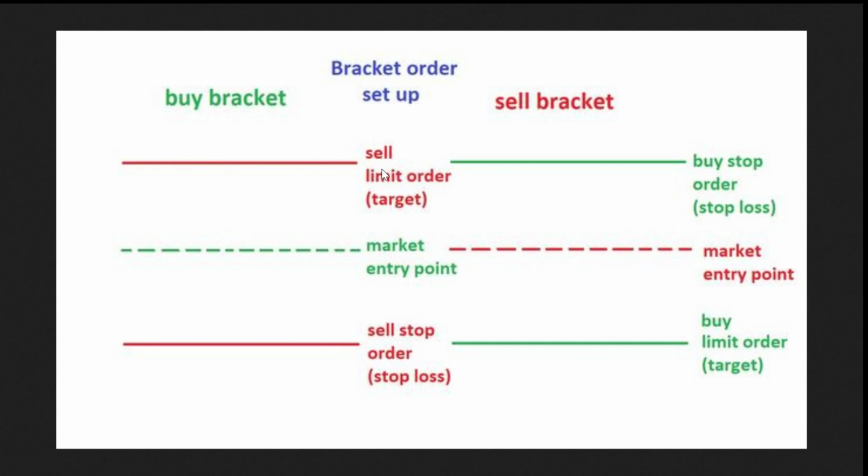Sometimes I'll drop the target altogether and just use a trailing stop loss trade. But I recommend always trading with a stop loss order, because that's your insurance policy. So if I'm long here and I buy here, this distance to the target is my profit zone. But if the market were to come against me and hit my sell stop, that's my loss.